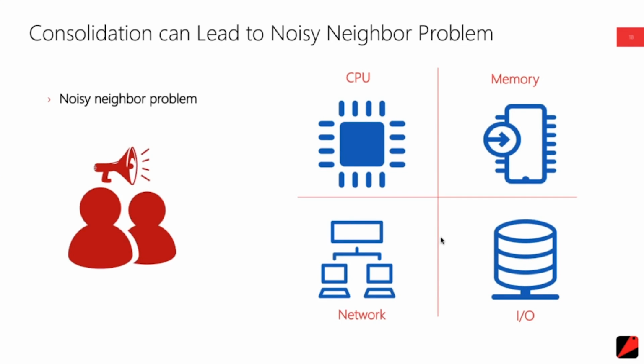And you have this across the entire plane, right? You've got it from a compute perspective, memory perspective, networking, and I/O. Some of y'all may be using Exadata, and so you're very familiar with the needs when consolidating multiple disparate workloads into an Exadata machine.